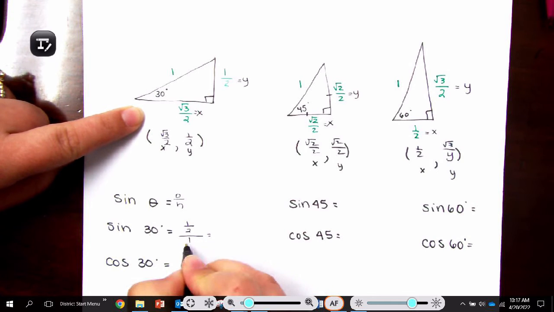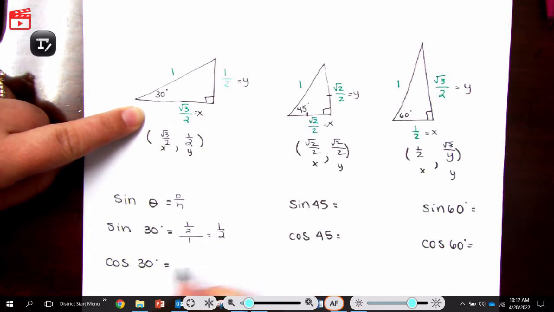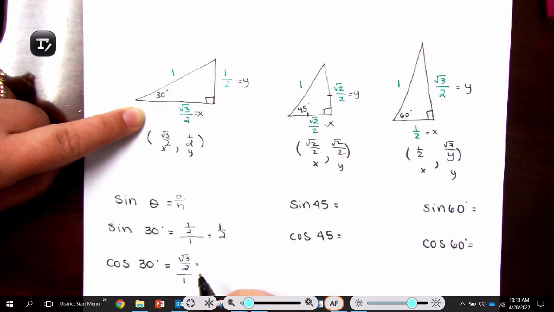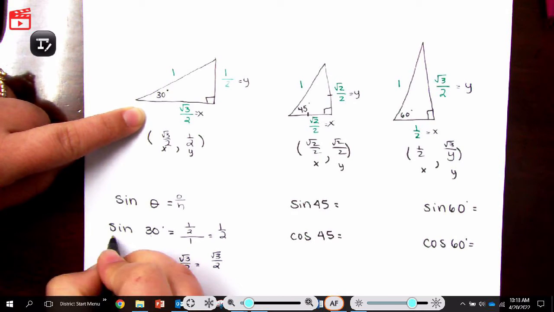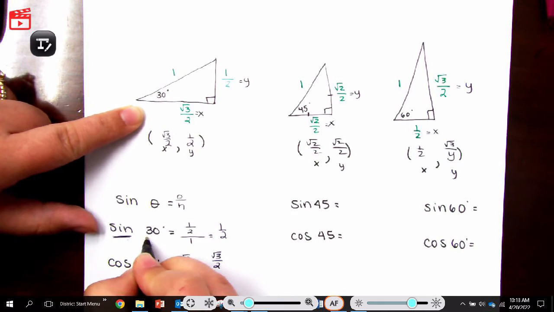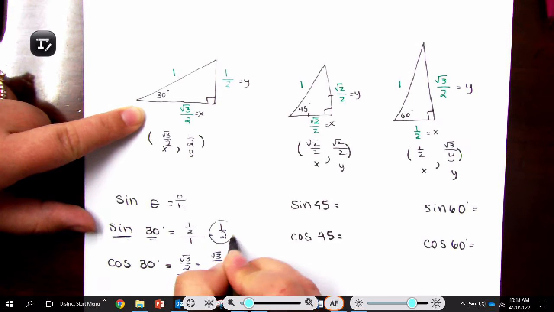So 1/2 divided by 1 is 1/2. Sine of 30 degrees is 1/2. Now, cosine of 30 degrees is adjacent over hypotenuse. Our adjacent is root 3 over 2, divided by 1, which is just root 3 over 2.